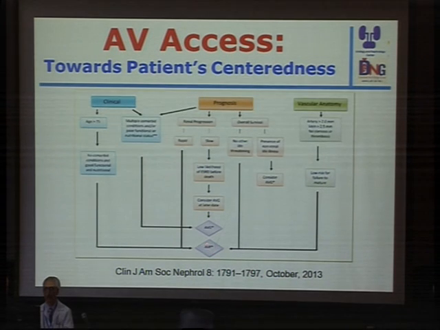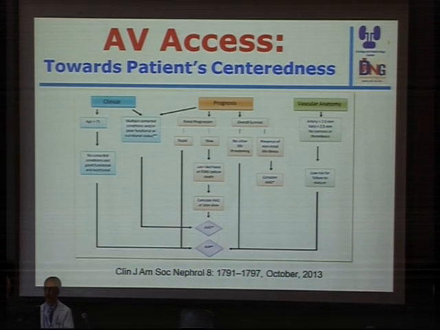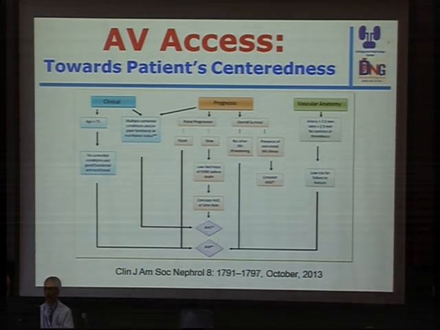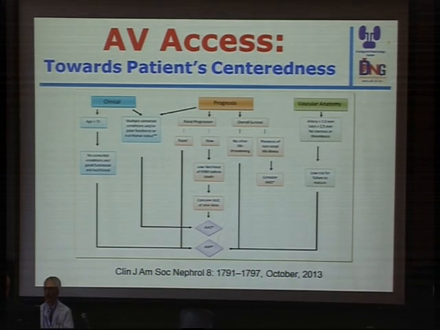Or if we have a young patient with a fast pace of progression of chronic kidney disease, a fistula is the best. But if we are dealing with a patient with slowly progressing chronic kidney disease, we can wait instead of advising a fistula until we feel that we are approaching dialysis. Because of the appearance of symptoms, we may have a graft in this situation.